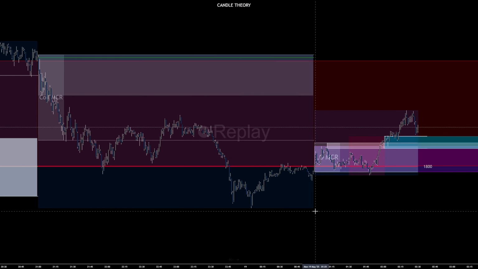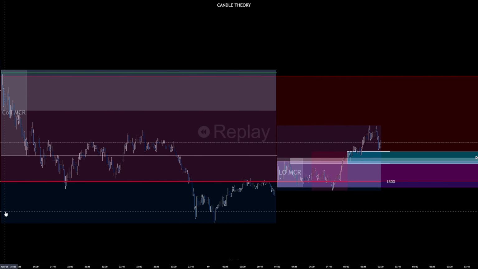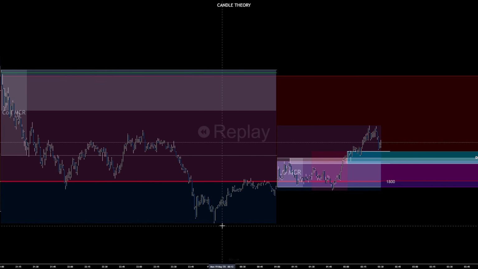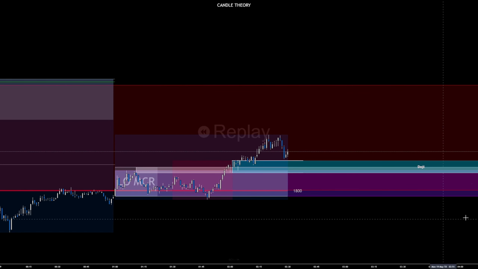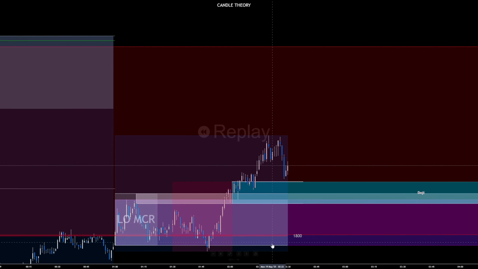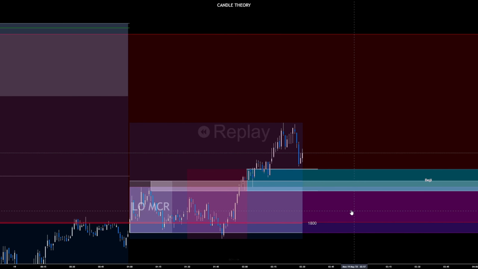And if we look at what price did previously, did we continue lower once we closed or tried closing below the previous profile of 1800? No, we didn't. Is price reacting from the edge of this previous DCR? You see this red box? No, we're not. So we're probably going to be pushing to the other side of this DCR. So the narrative is currently going bullish.